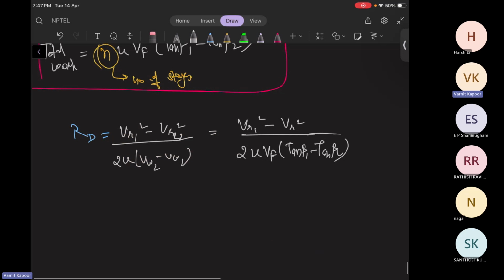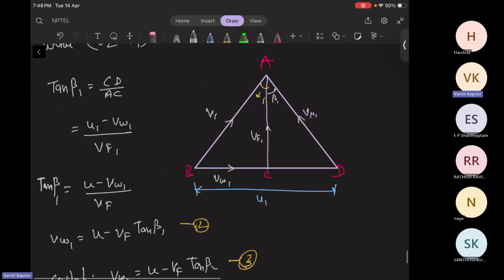Okay, all right. Let us get VR1 and VR2 also. So if you see from the diagram, if I want to calculate cos, cos is nothing but Vf by Vr1. Okay, Vf by Vr, cos beta.